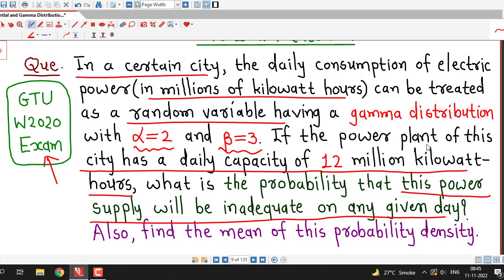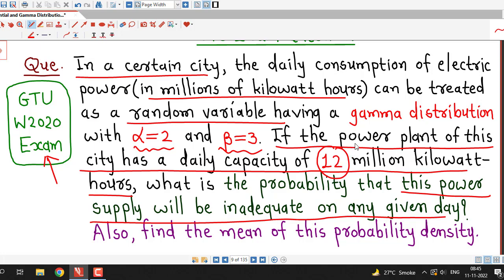That means the power plant can provide 12 million kilowatt hours electric power in a day, and here we are asked to find the probability that this power supply will be inadequate on any given day.